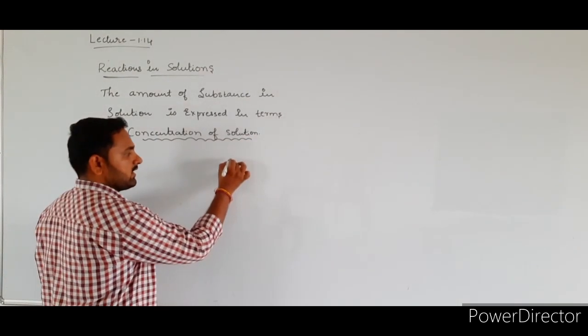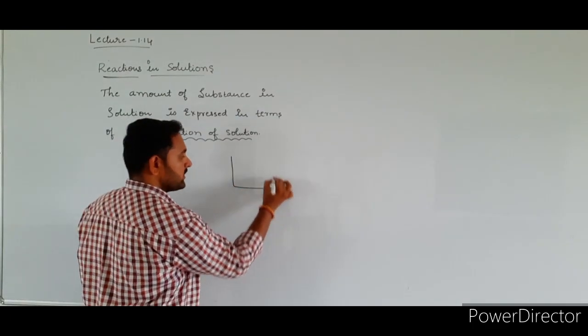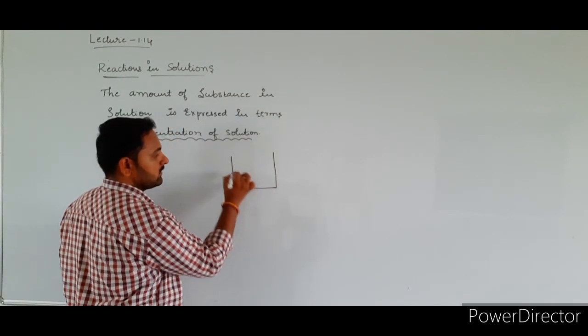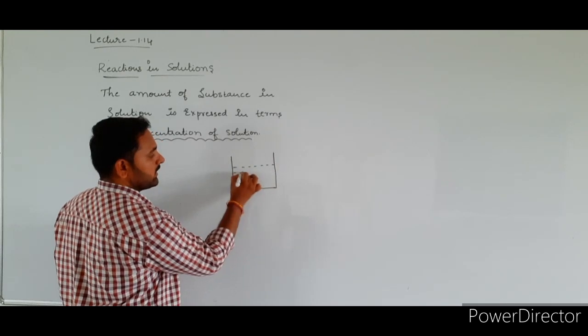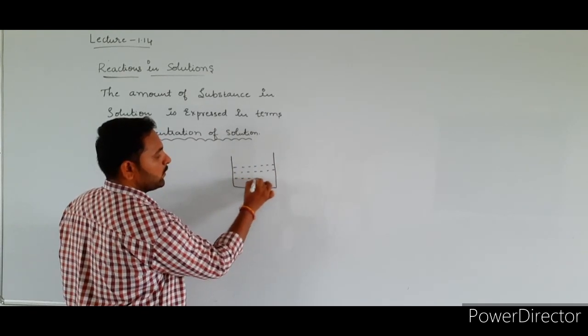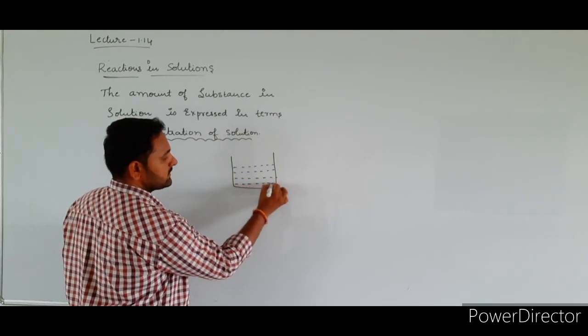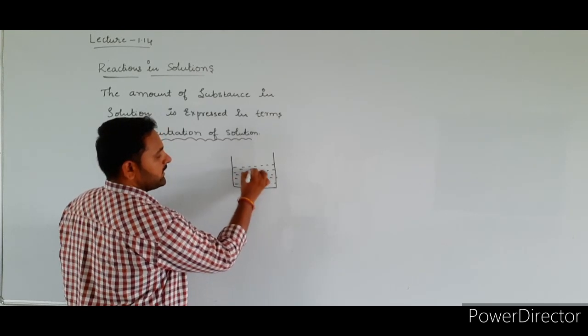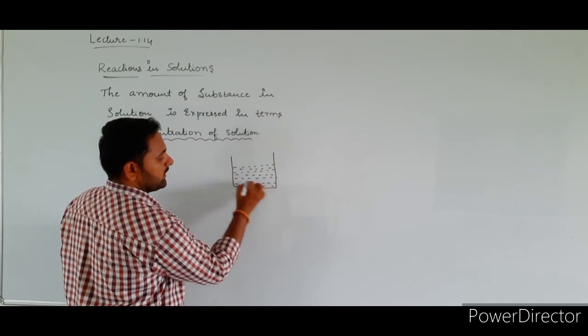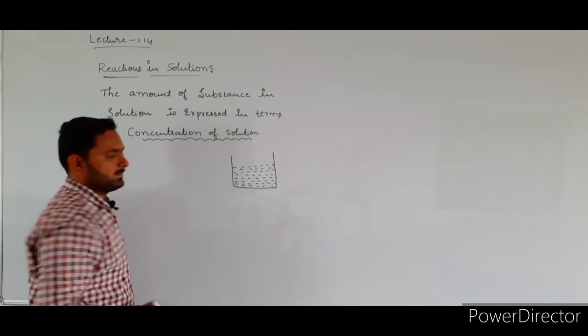For example, consider a sugar solution in a beaker. In sugar solution, there are two components. One is solute, the other is solvent. Sugar is the solute, water is the solvent.